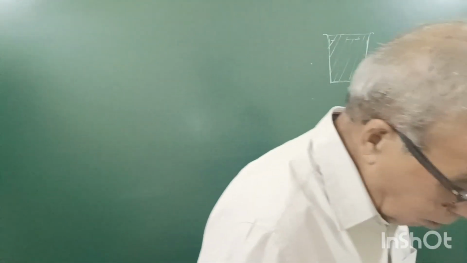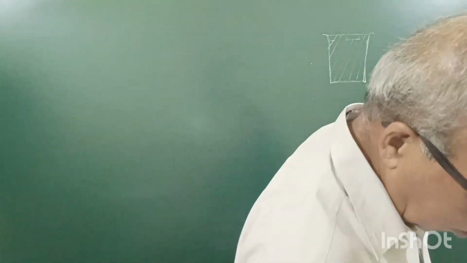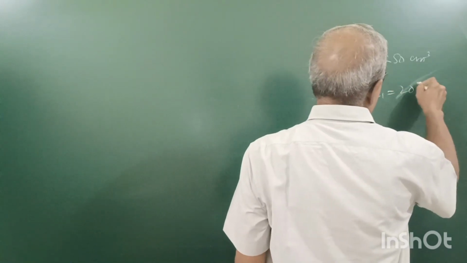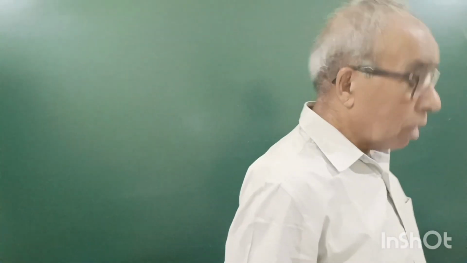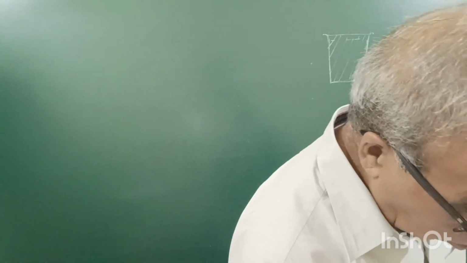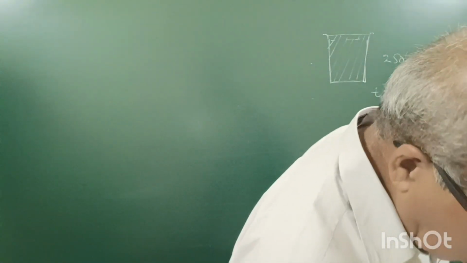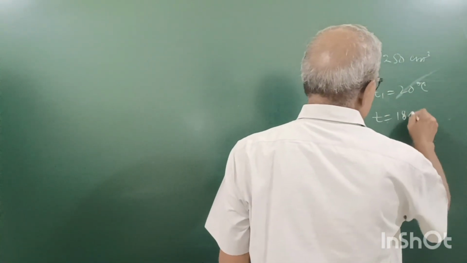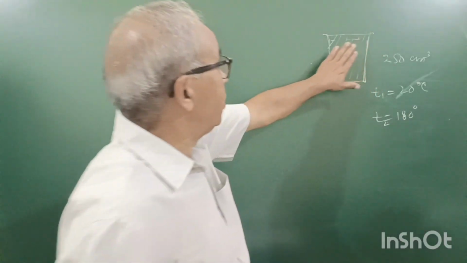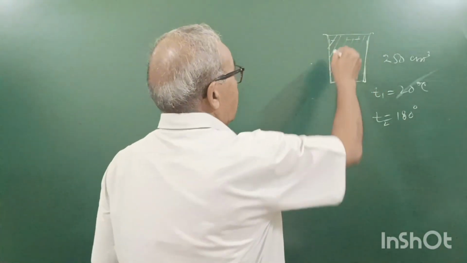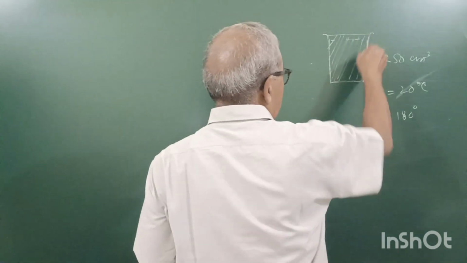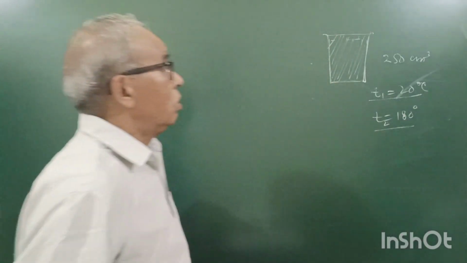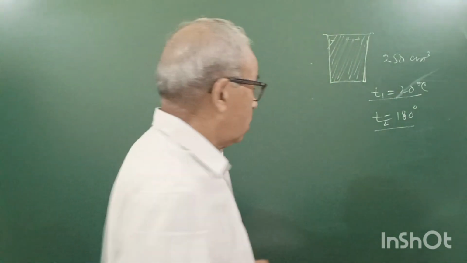This glass vessel of volume 250 centimeter cube is filled with mercury at 20 degree centigrade, T1 is 20 degree centigrade. How much mercury will overflow when the temperature is raised to 180, T2 equal to 180? If we heat this container completely occupied by mercury, if the temperature is raised from 20 to 180, then how much volume of mercury comes out?